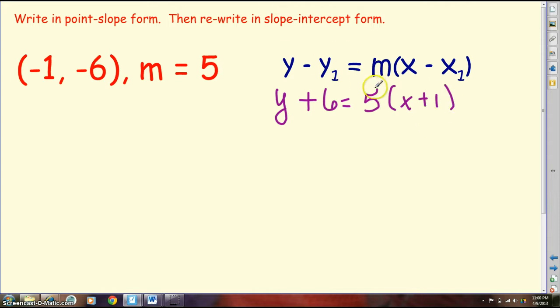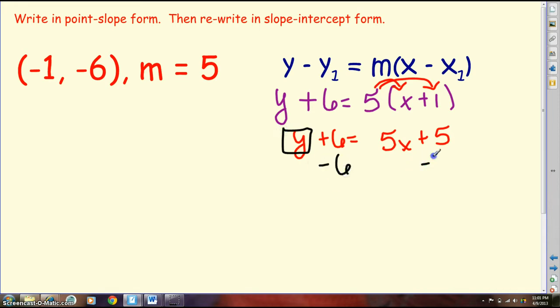Now we're ready to distribute. So we keep the y plus 6, and we have 5x and 5 times 1 makes 5. And now all we need to do is isolate our y, get our y by itself. So we subtract 6 from both sides. So we have y equals 5x minus 1.